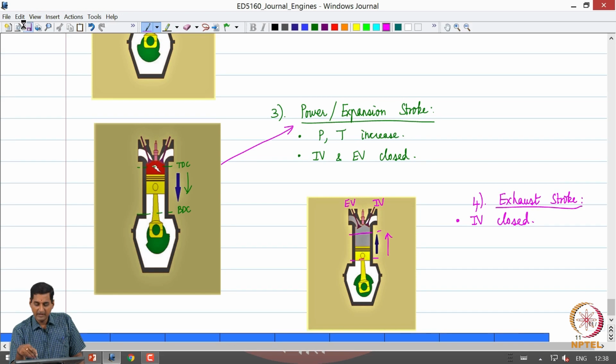Energy is transferred to the piston only in the power stroke or the expansion stroke. In the strokes where the volume is decreased, the compression stroke and the exhaust stroke, in the compression stroke the valves are closed, whereas in the exhaust stroke the valve is open. So, what you need is the correct sequence of strokes.